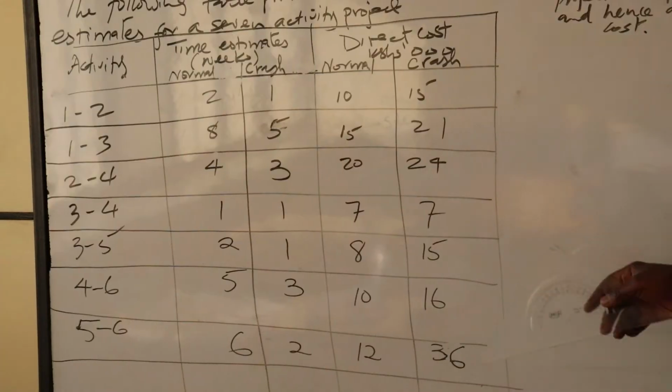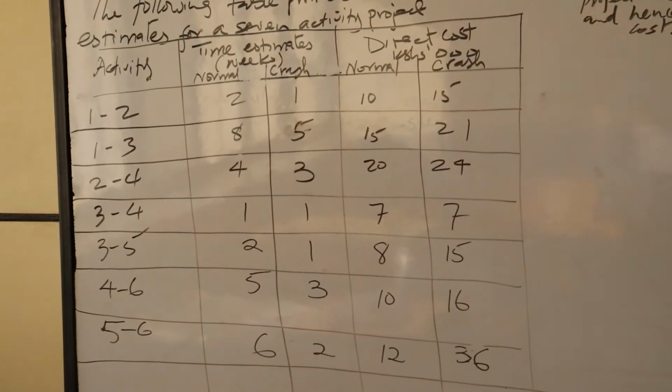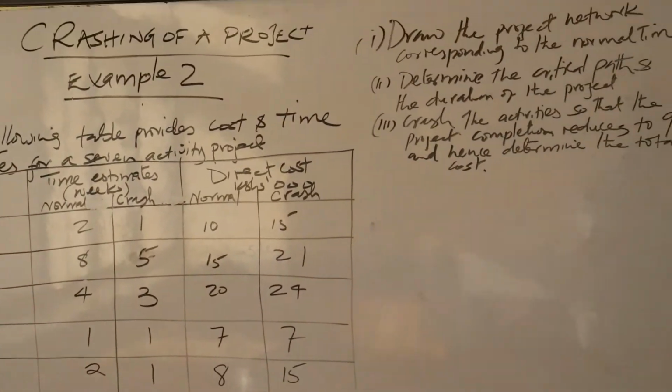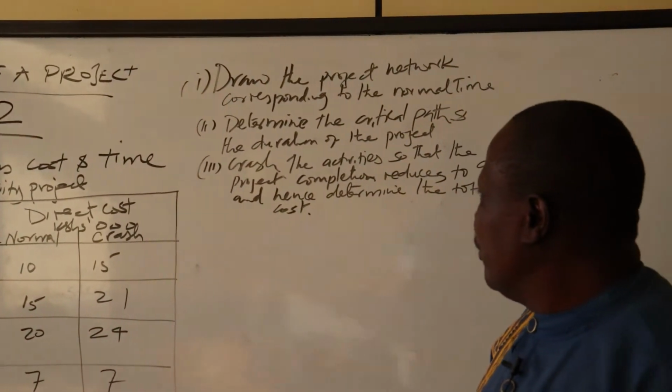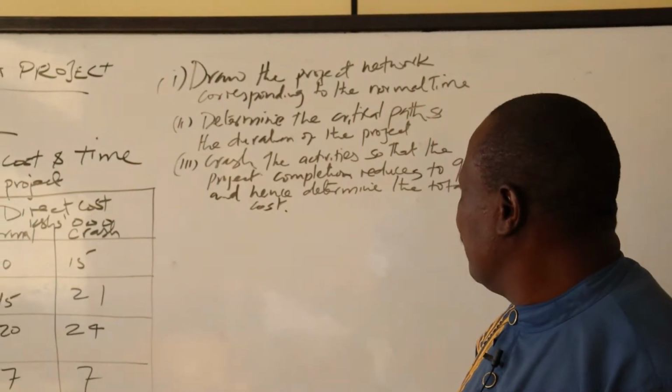According to the question, there are 3 questions here. Draw the project network corresponding to the normal time, determine the critical path, and the total project duration.